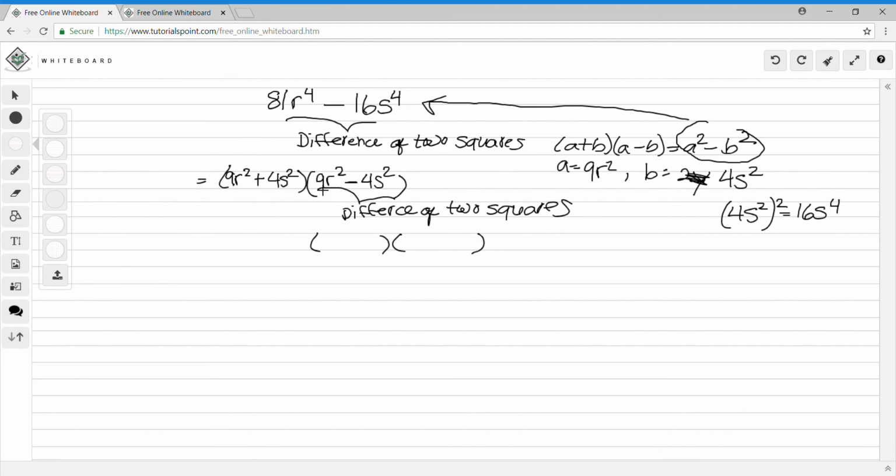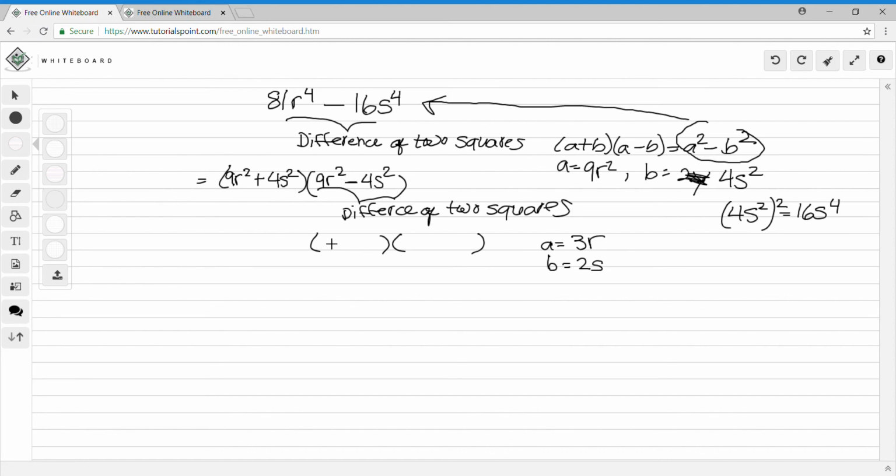So what are we going to say our a can be? Our a can be 3r, because when you square that, that would be 9r squared. And our b would be 2s, because when you square 2s, that would be 4s squared. So it's this formula, right? a plus b and a minus b.